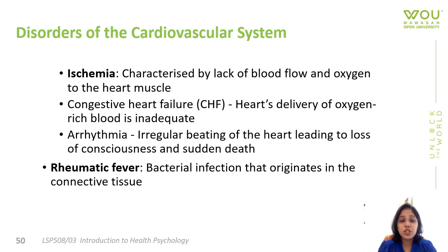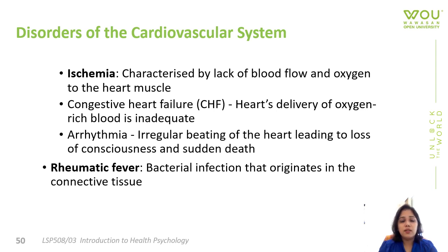And congestive heart failure is a result of it, which is the heart having inadequate delivery of oxygen-rich blood. And arrhythmia is irregular beating of the heart, leading to loss of consciousness and sudden death.